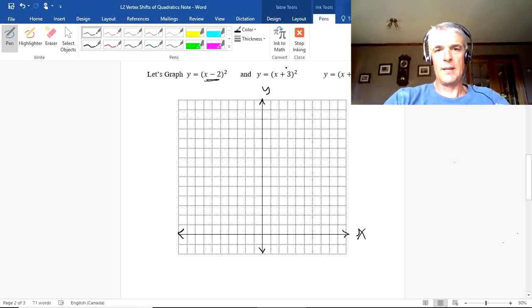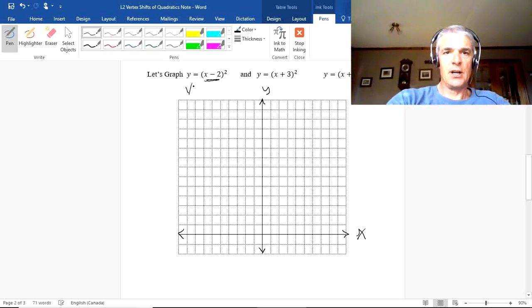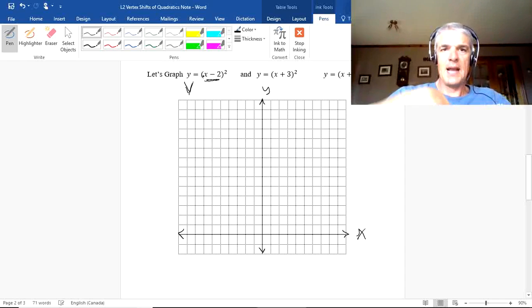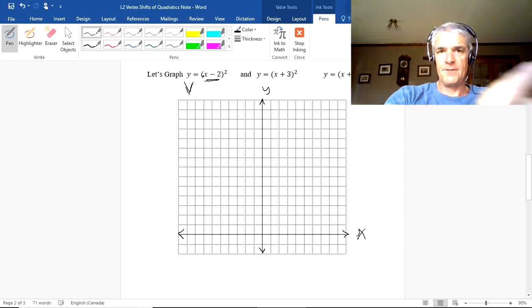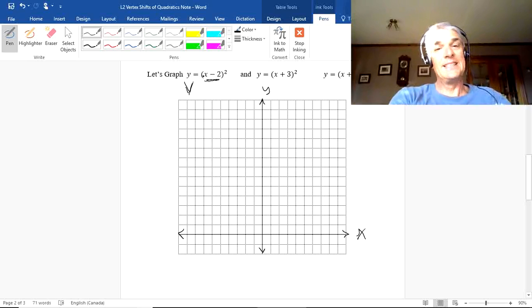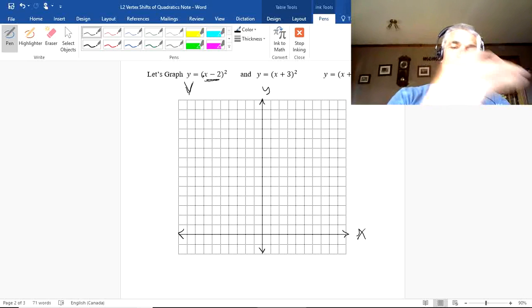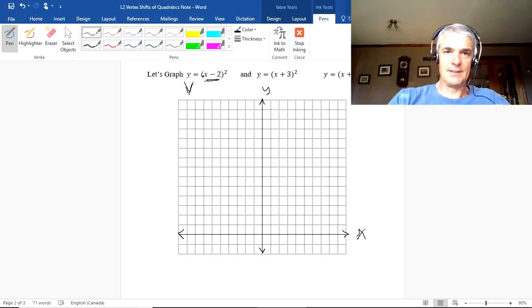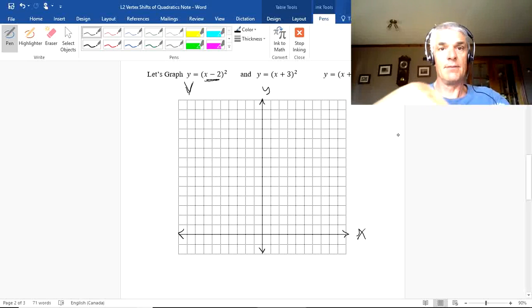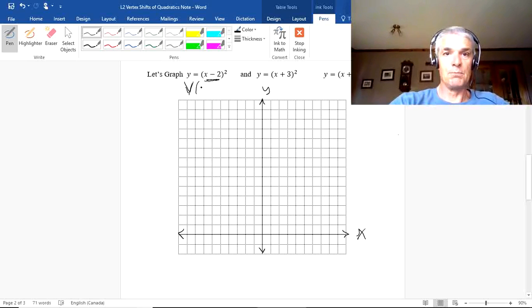This is the tricky part. So my vertex here, you would think it was going to be minus 2 because it was going to shift to the left, but it doesn't. When we make it minus 2, it actually shifts it to the positive side, and it's kind of tricky, and I'm not going to get into the details of that. All I need you to know is that when that number is minus, it shifts it positive. So the vertex becomes plus 2 or just 2 and 0.